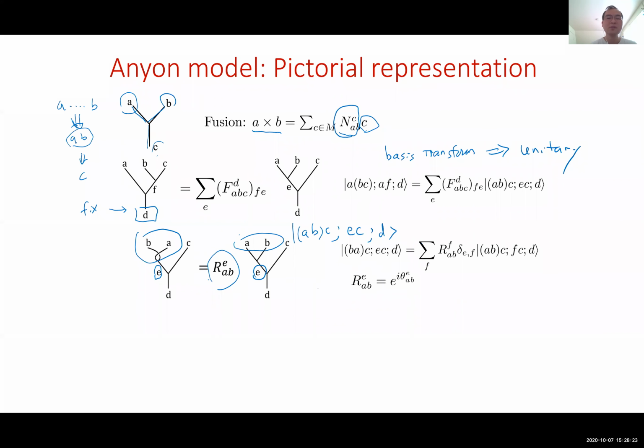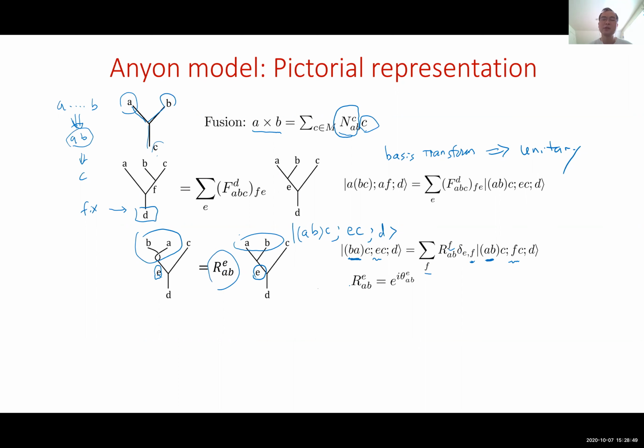So there's this E and this E is the same. So if you write formally, you want to look at the product where A and B are exchanged compared to the one where they are not exchanged. This is the intermediate fusion. It's always possible to sum over this intermediate one.